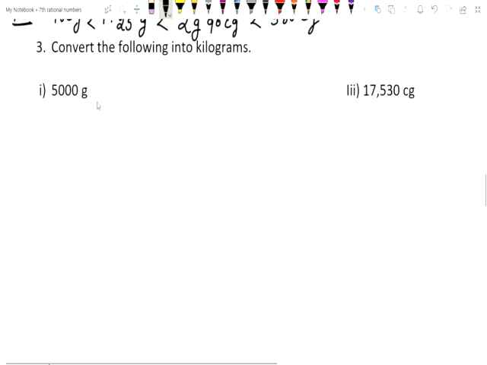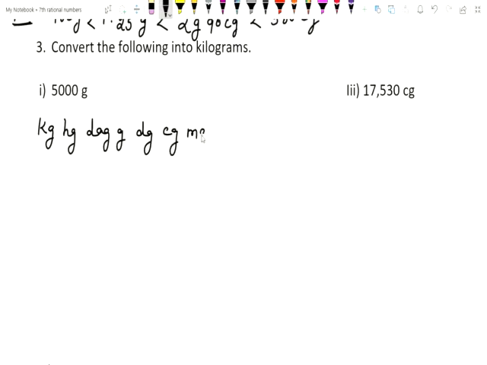First you write the order: kilogram, hectogram, decagram, gram, decigram, centigram, milligram. Gram is given, we are going to convert into kilograms. Gram is the smaller unit, kilogram is the larger unit. So small to larger we need to divide.